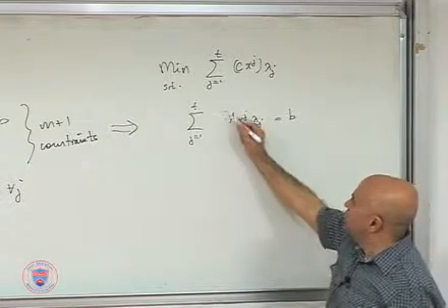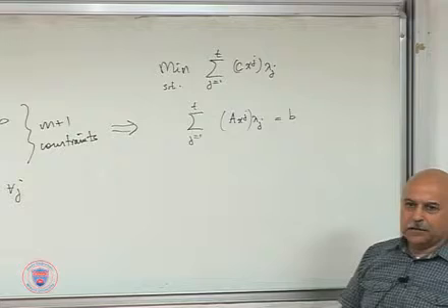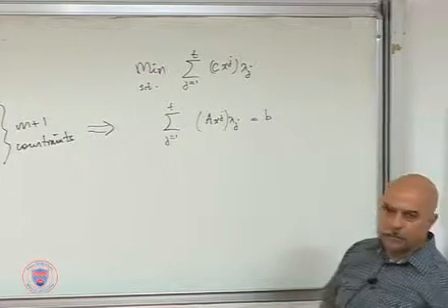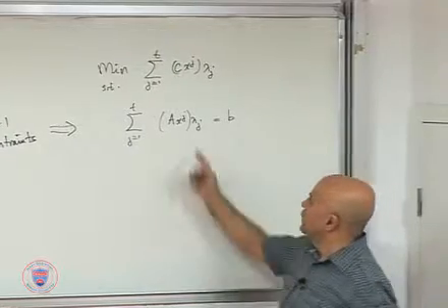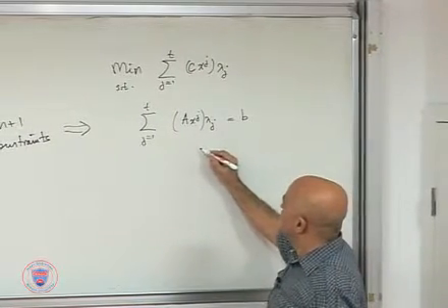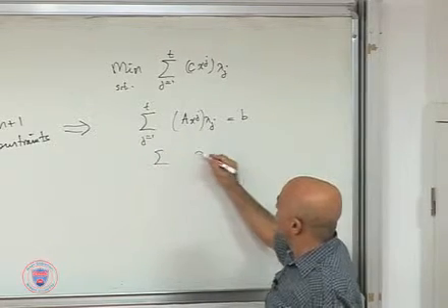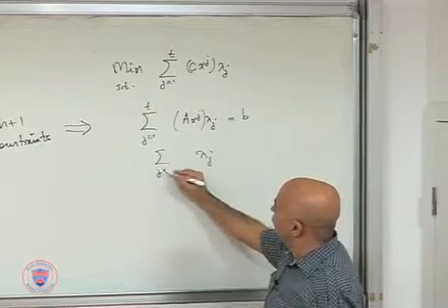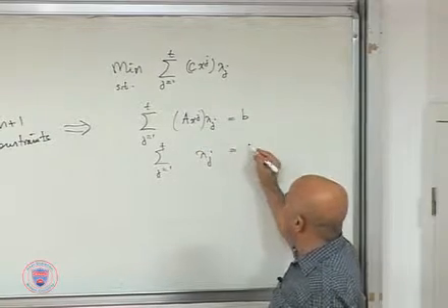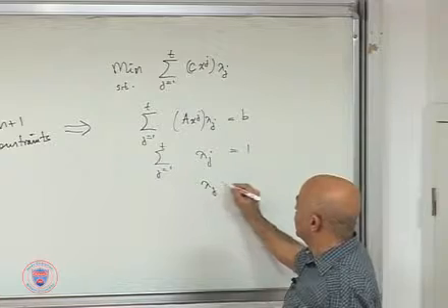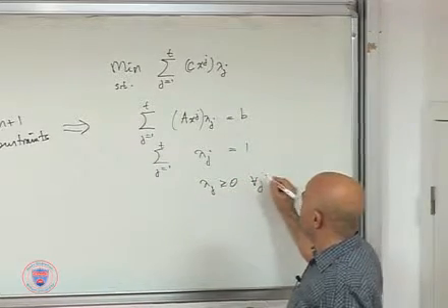A times xj just gives you a column vector. And then you have the sum of lambda j equals 1. This is a single constraint with lambda j's being non-negative.